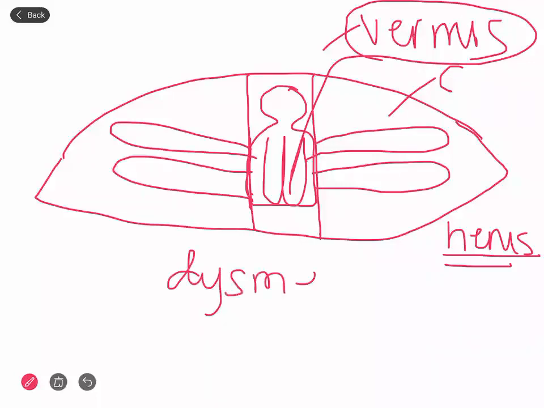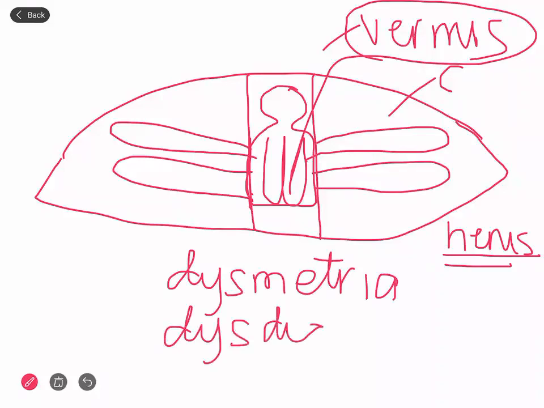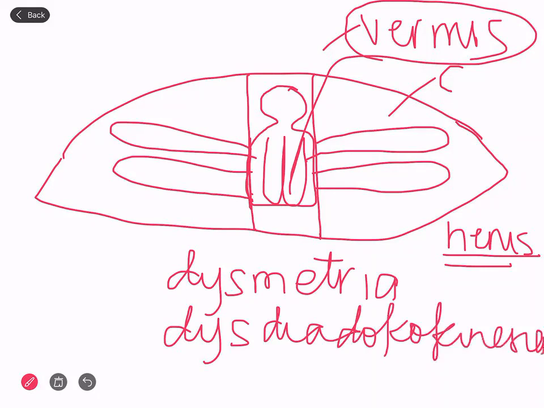And of course, you should know the different cerebellar signs: dysmetria, the finger to nose test, dysdiadochokinesia, or the pronation supination test, and tandem gait.